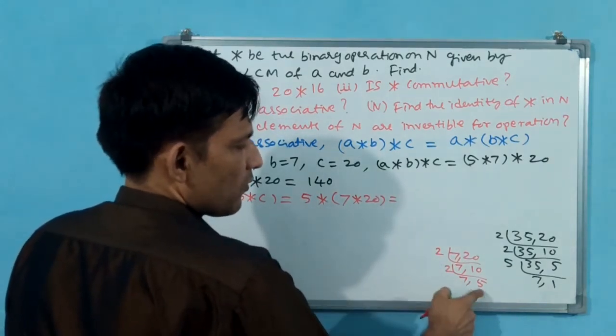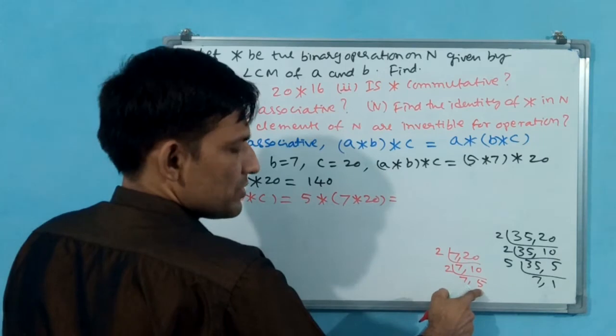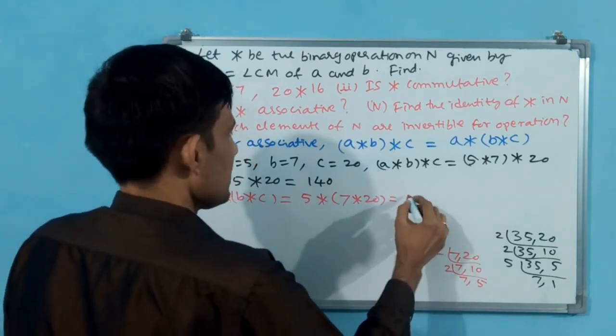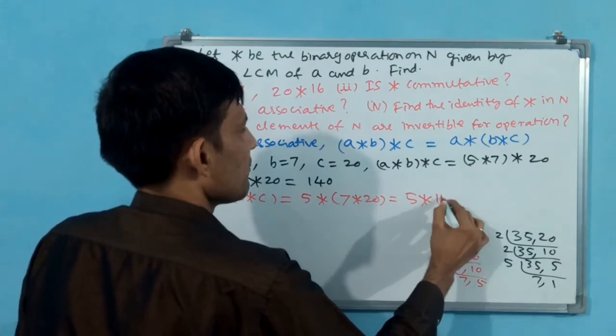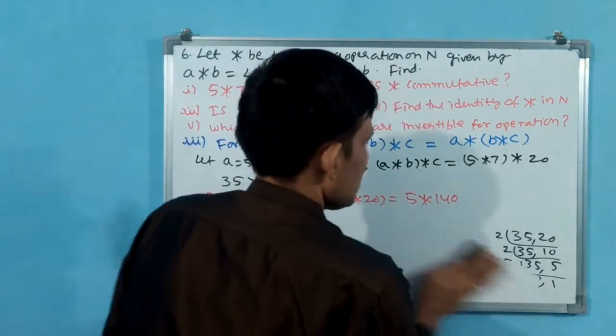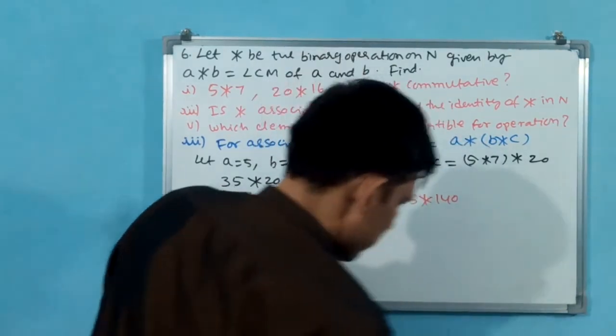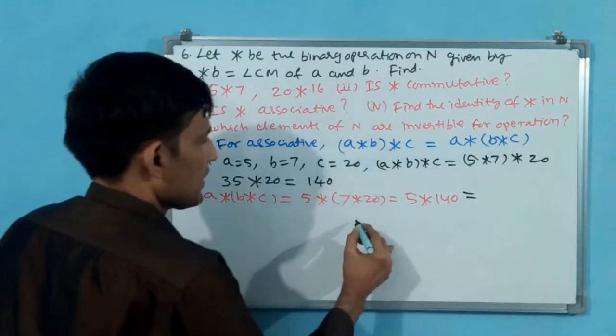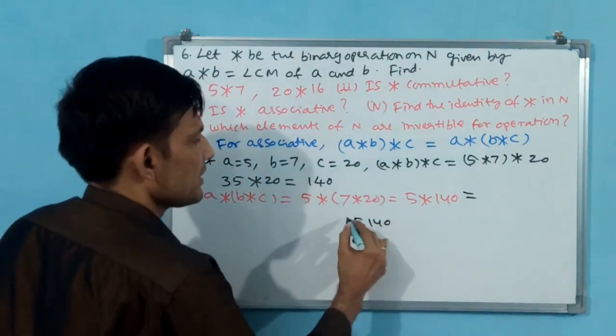2 twos are 4, 4 fives are 20, 2 sevens are 140. So 5 star 140. Now again in between 5 and 140 you have to do the LCM. I am taking 5 comma 140.